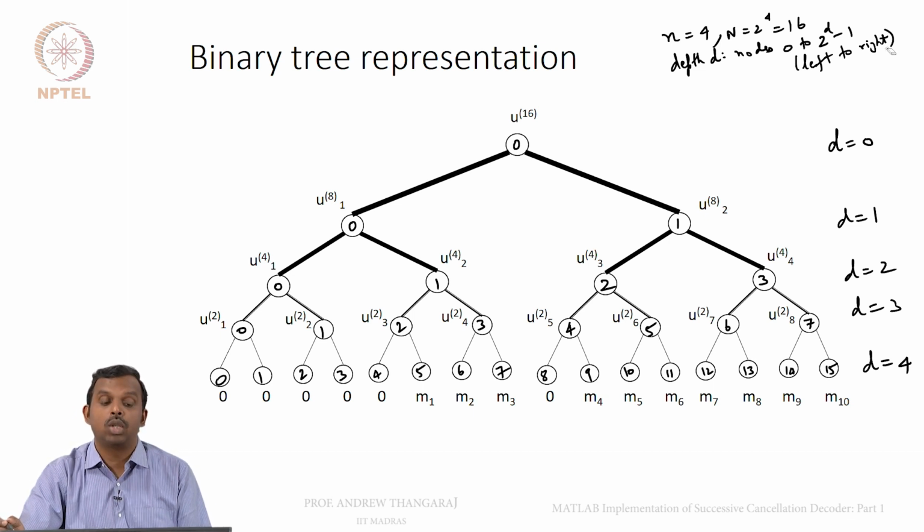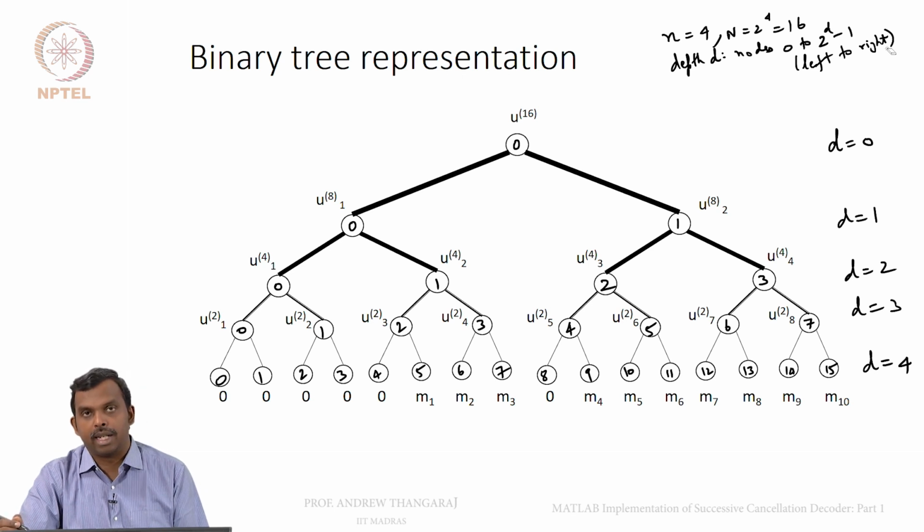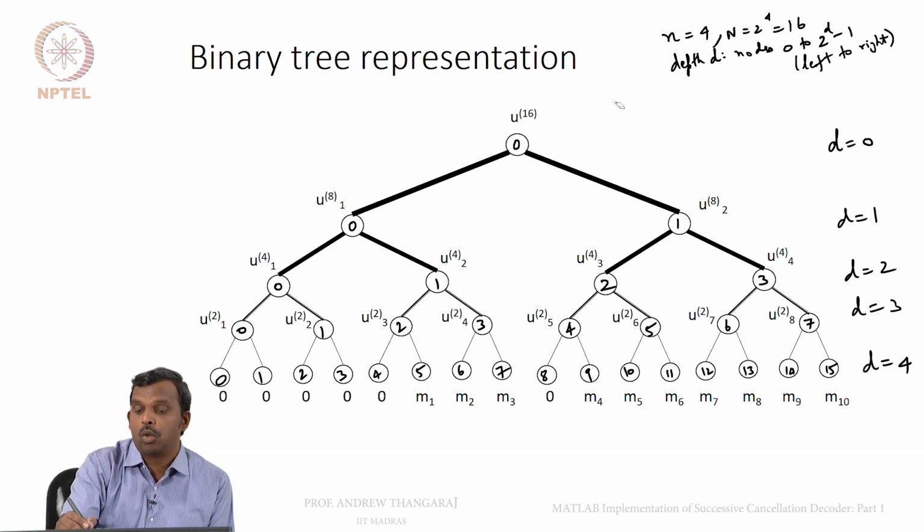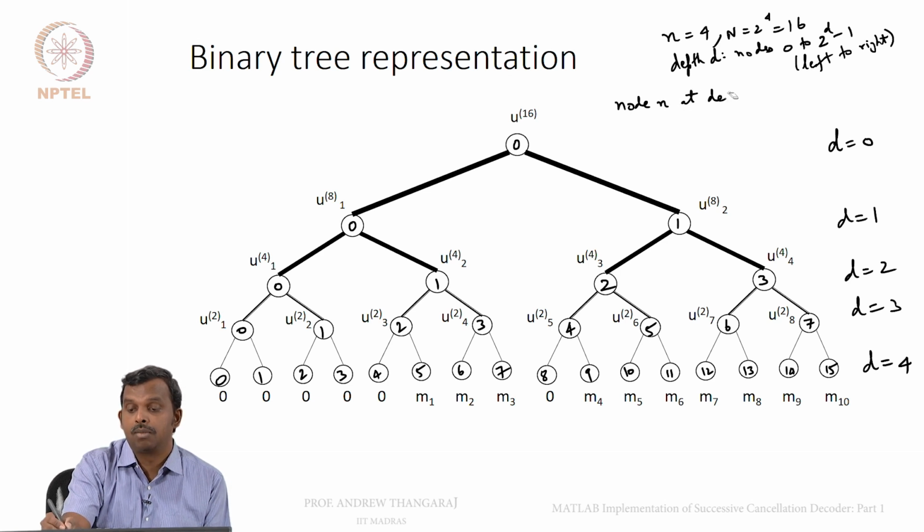I've represented each node, and then from each node, I need to know what its parent is, and I need to know what its left child is and what its right child is. So if you have node n at depth d, what is the left child, what is the right child, and what is the parent?